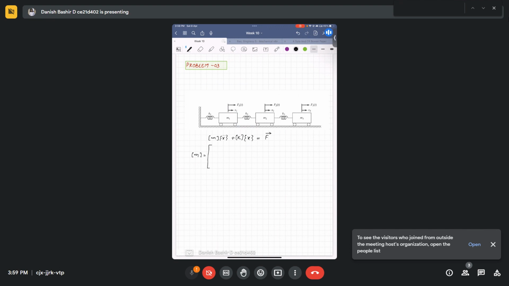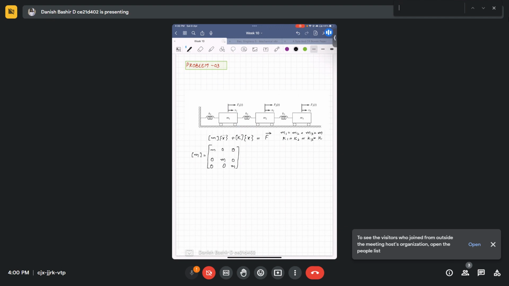Equation of motion for single mass. M 0 0, 0 M 0, 0 0 M. One more thing, I am assuming that m1 equals m2 equals m3 equals m, and k1 is equal to k2 is equal to k3 is equal to k.